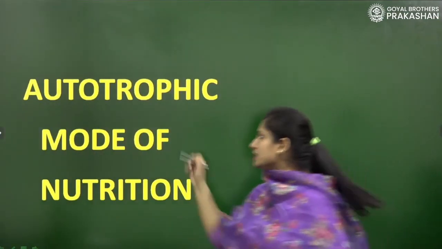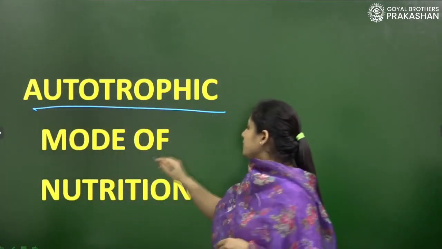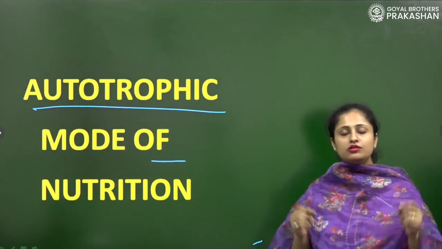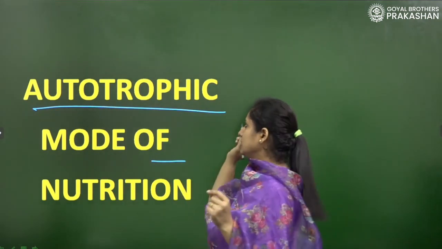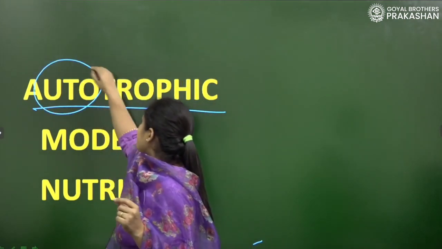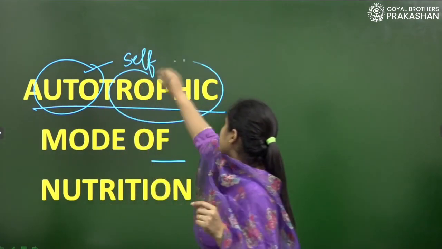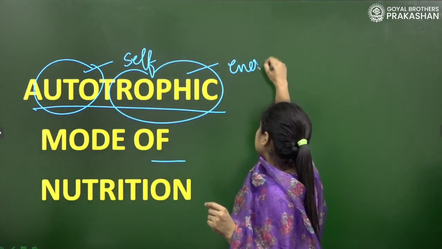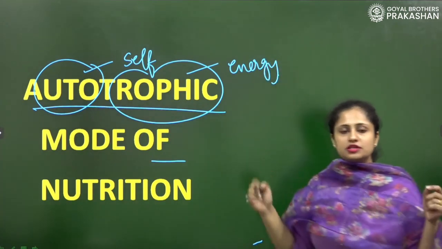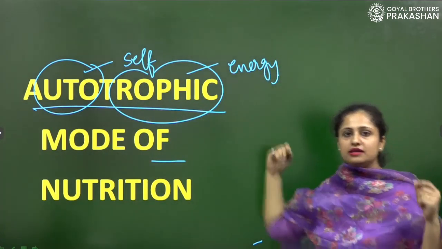Now, let's come to the autotrophic mode of nutrition. In this term, auto means self and trophic means energy. It means it is a process of taking energy by self.